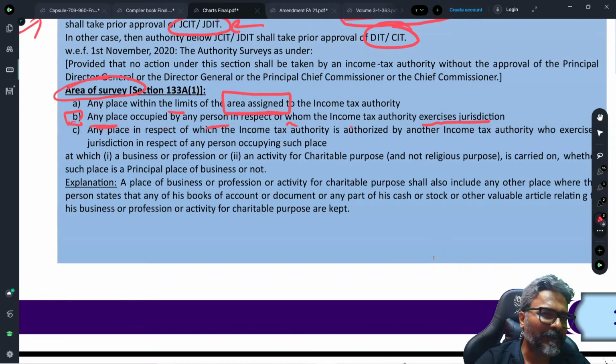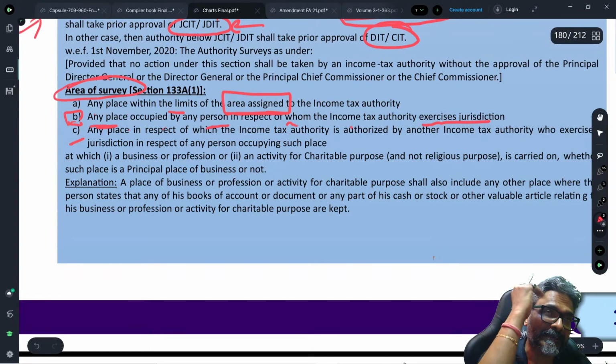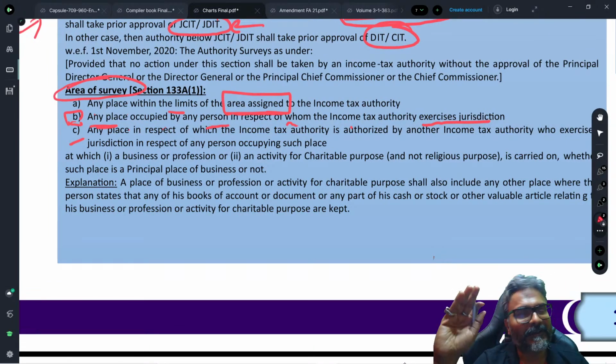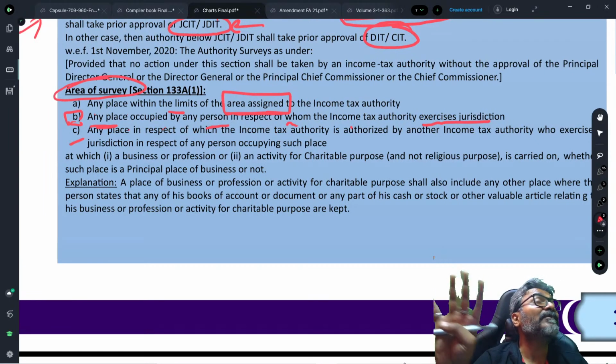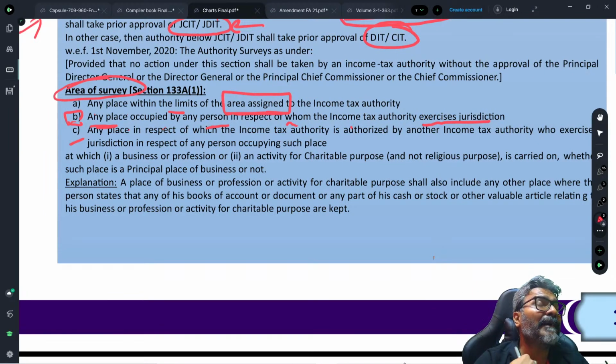If you see it here, point number C, I can authorize the other person who, although that office falls within his jurisdiction, does not have a jurisdiction over the person. I have got the jurisdiction over the person, that is Mr. Shah Rukh Khan. And if I am having the jurisdiction over the person, and that person has got a place of business in Mumbai and also a place of business in Delhi, in that particular case, I can tell him to go ahead and do the survey in Delhi.